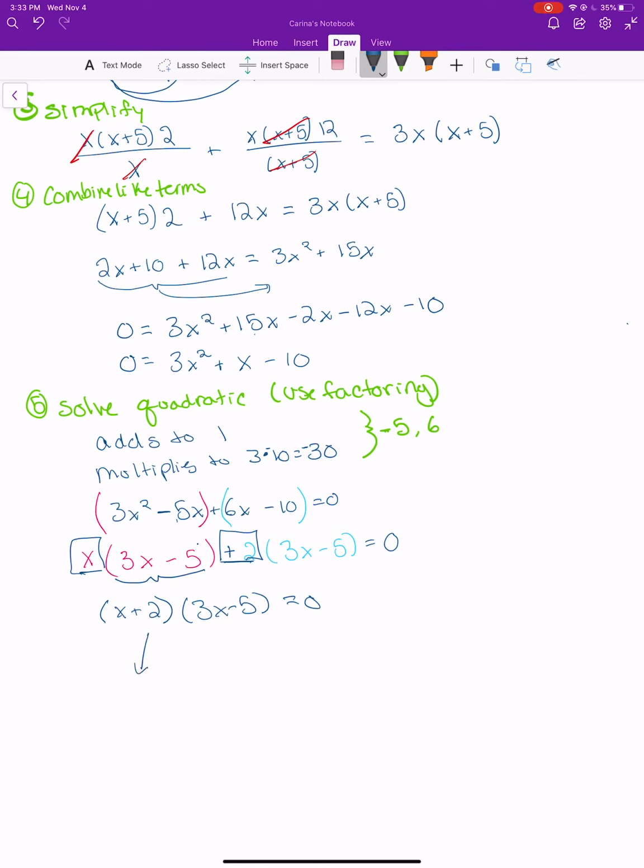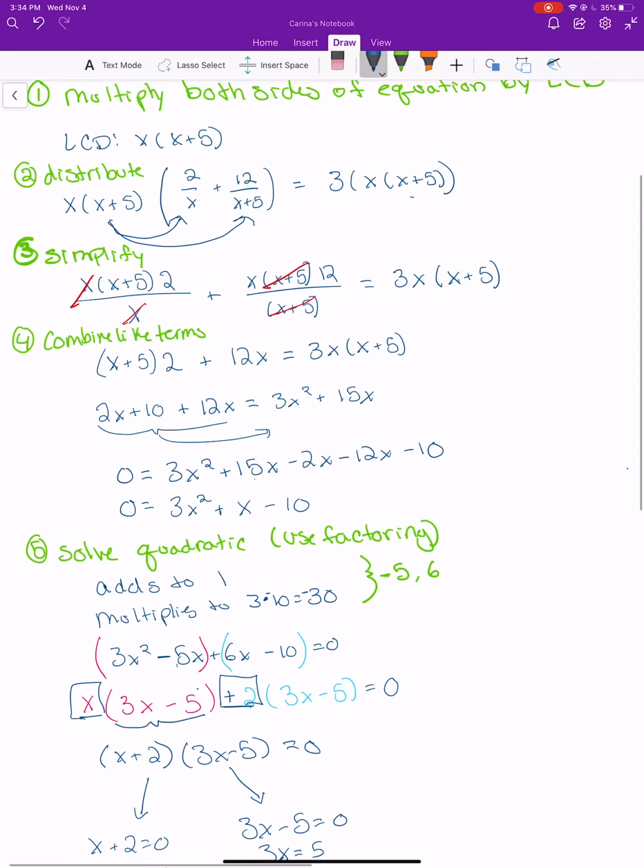One equation is x plus 2 equals 0, and the other equation is 3x minus 5 equals 0. So then here we have that x is going to equal 2. And here, 3x equals 5, x equals 5 divided by 3.